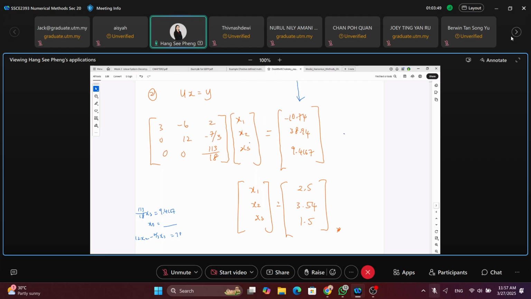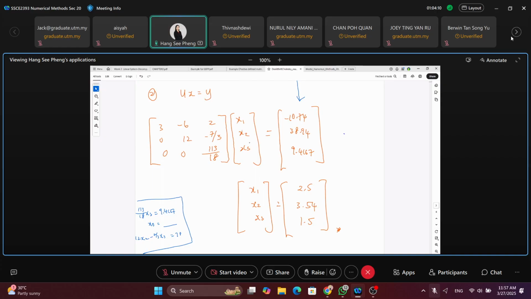It's up to you. If you have time, you can show it in detail, but here we are not really testing how to solve the system using backward or forward substitution, but whether you know how to use the Doolittle method.